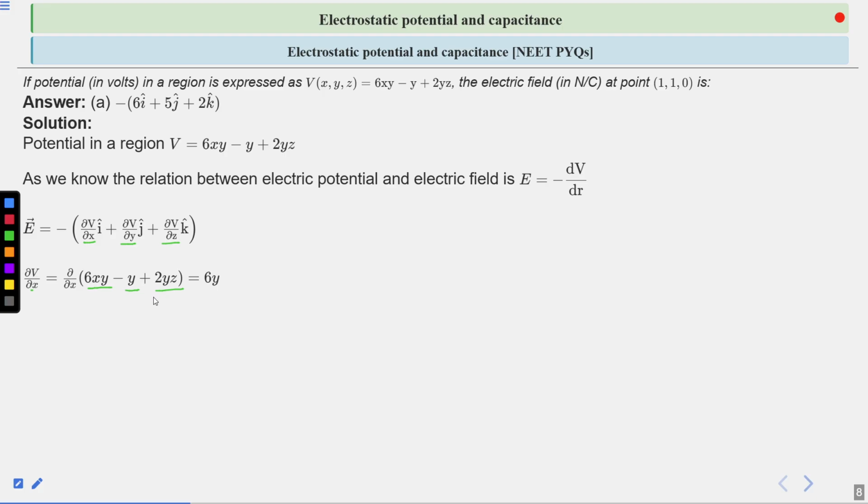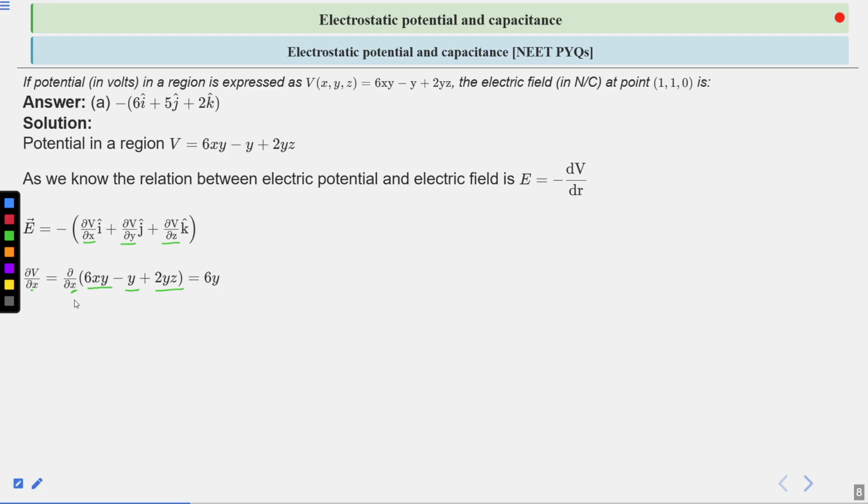Partial differentiation means you are differentiating partially with respect to x. So consider x as the variable and any other terms as constants. Only x is variable in this question, and y is constant for this partial differentiation. This is the meaning of partial differentiation.